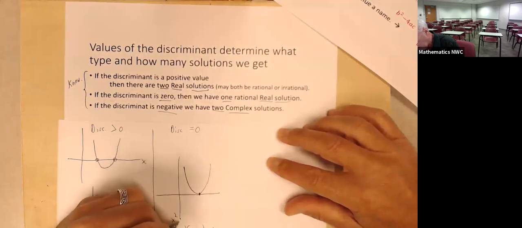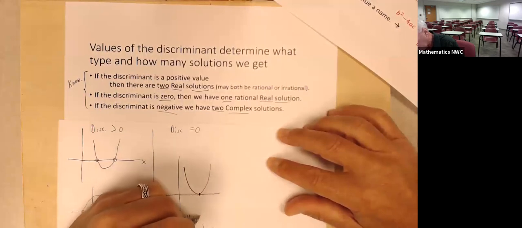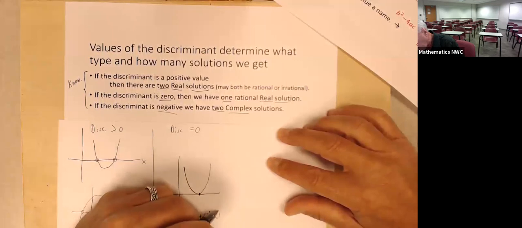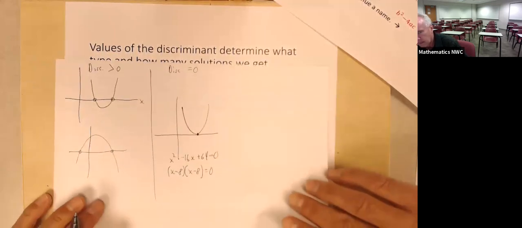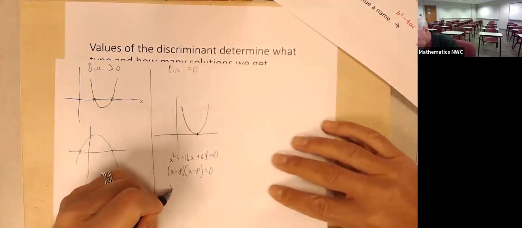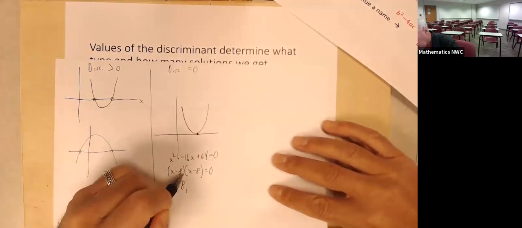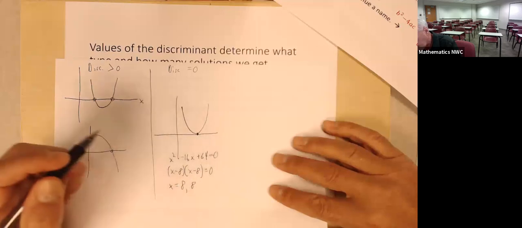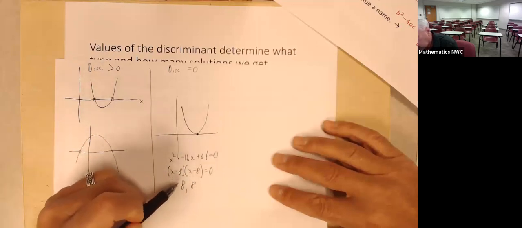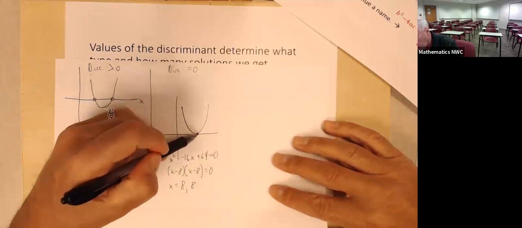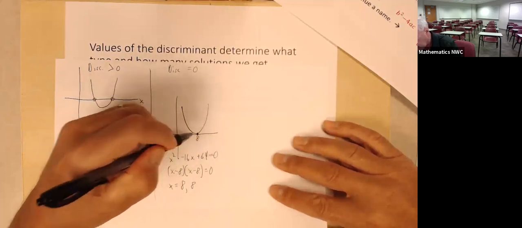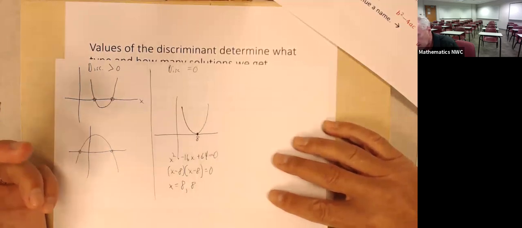That would have meant my original looked like that. Sorry, I ran out of space. That would mean this solution would have been 8, and this one would have been the same number. We call that a double root. It means the parabola touched it only once, only one answer. In this case, the answer was 8.